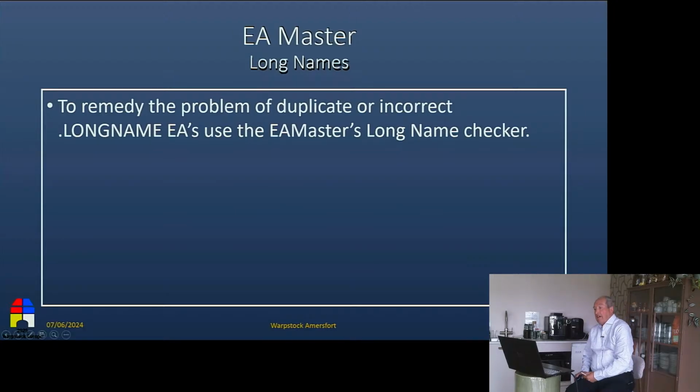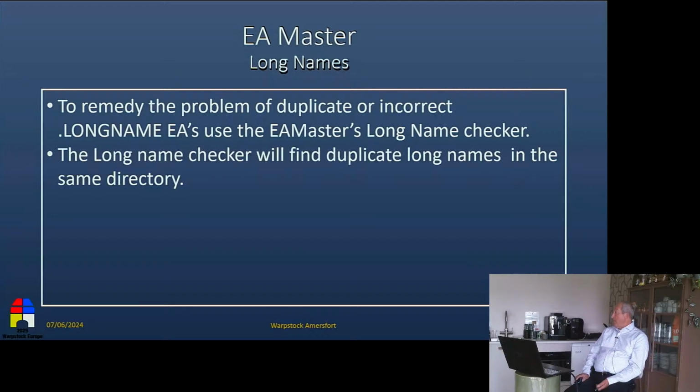Okay, I ran into this problem, so I immediately decided I need to find a way to check this. And I did this by adding a long name checker into EA Master. Basically what it does is read all EAs in the directories you have specified. You can do it from the root if you like, and it will run through all the long file names, sorry, and see if there are duplicates in the same directory.